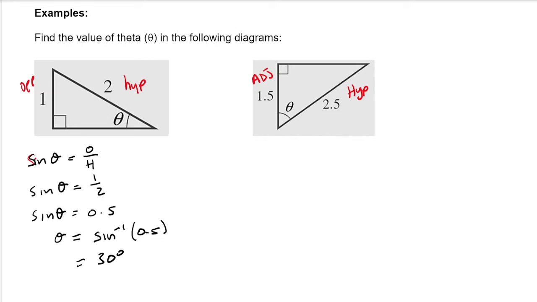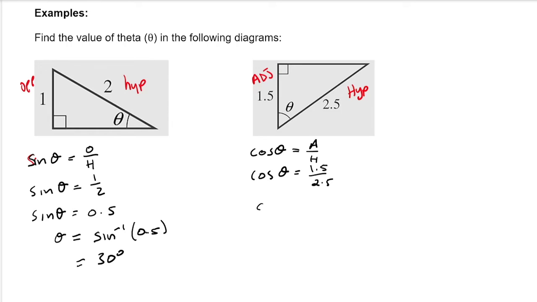Adjacent and hypotenuse, which one's that one? Well, that's going to be our cosine, or our complement's sine. So cos theta is A over H. Cos theta is going to be 1.5 over 2.5.